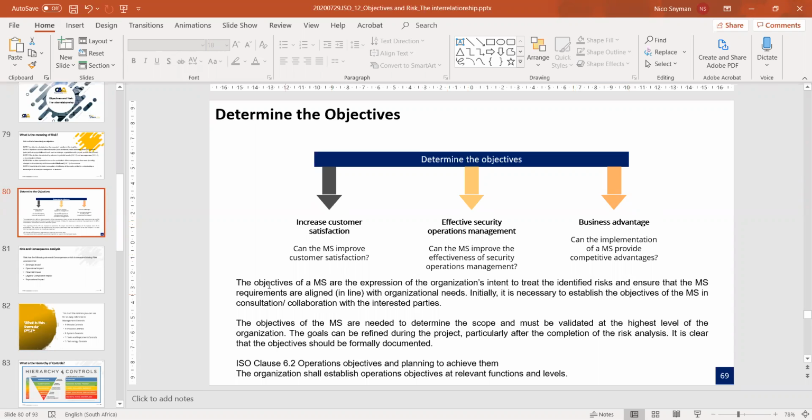And the objectives of a management system are the expression of the organization's intent to treat the identified risk and ensure that the management system requirements are aligned in line with the organization's needs. Is that aligned with the organization's needs? Or if you're talking about financial objectives, every company has got a financial objective.